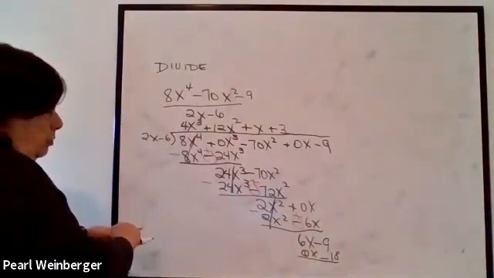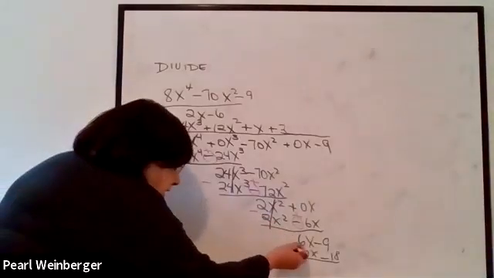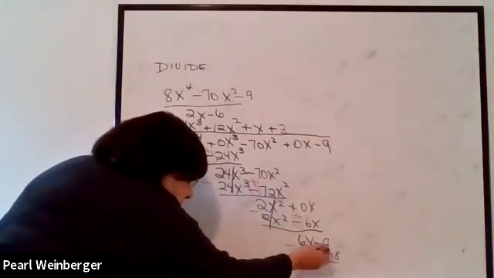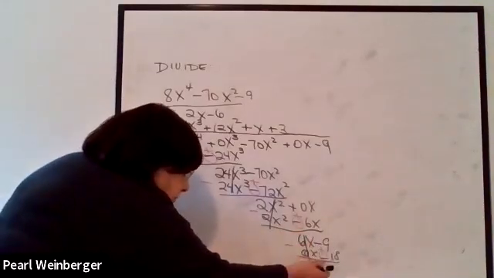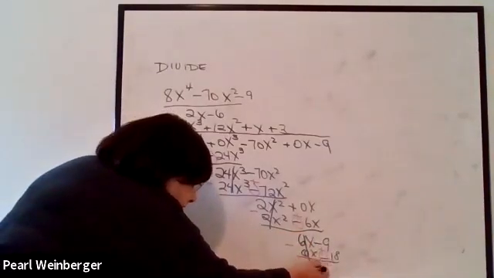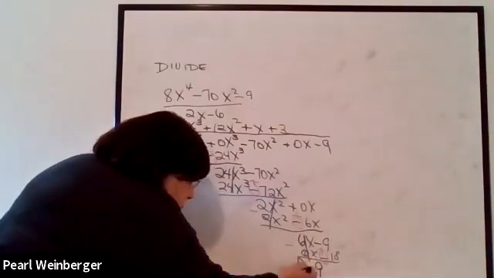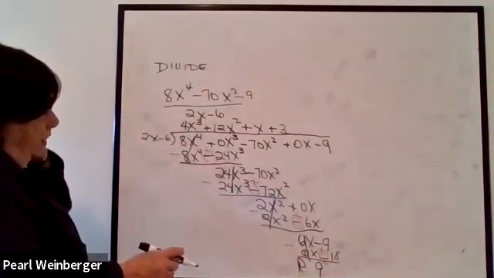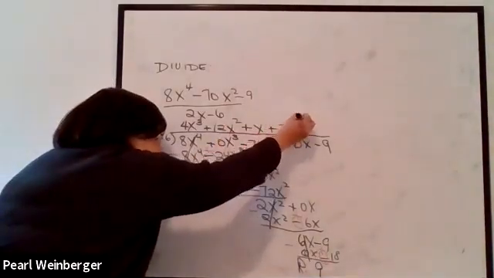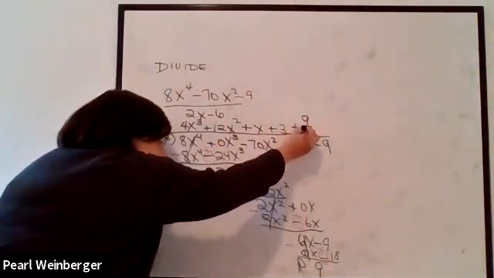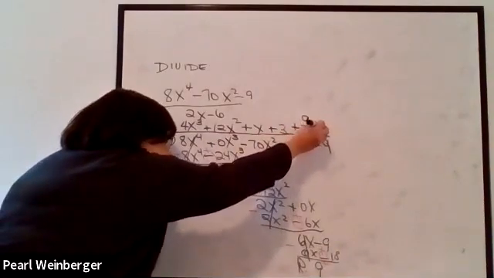And again, I'm going to subtract, so this will become a negative, this will become a positive, the 6x's cancel out, negative 9 plus 18 gives me 9 as my remainder. We can either write it remainder 9, or we can put plus 9 over 2x minus 6.